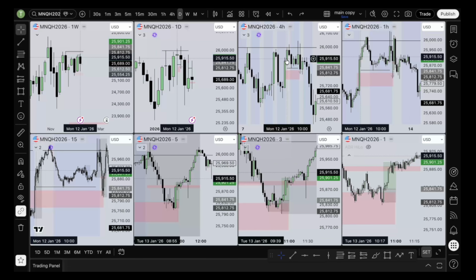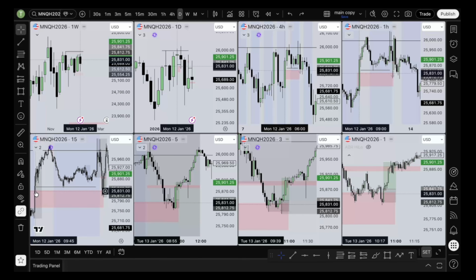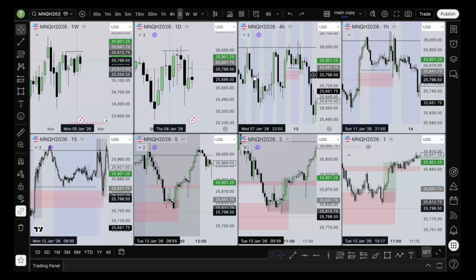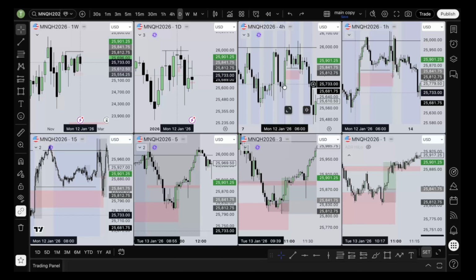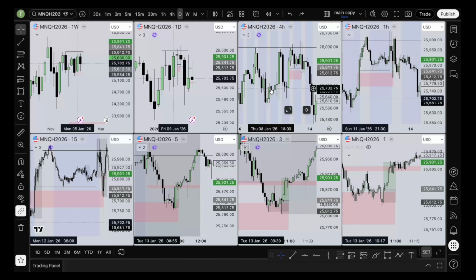Inside this 4-hour fair value gap, we have a 15-minute nested PD array. If we refine that, it would be this portion of price right here. Now, in consolidating markets, every single PD array is going to be respected, whether it's premium or discount.